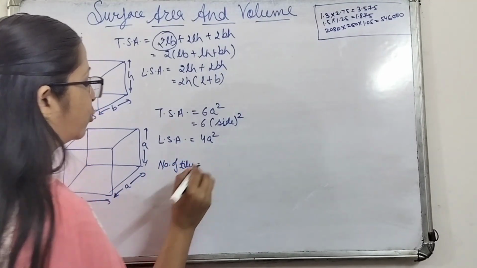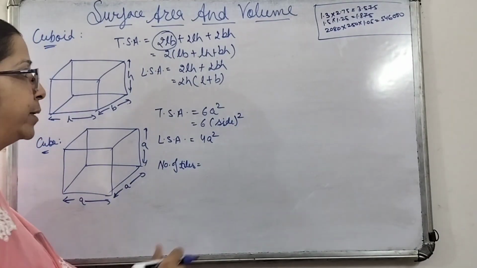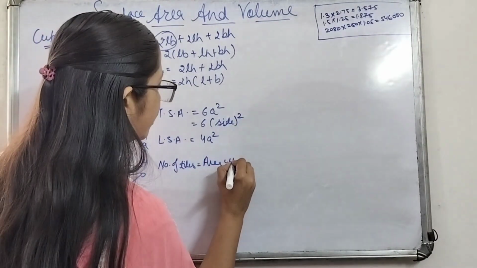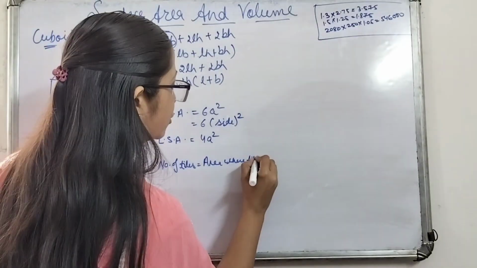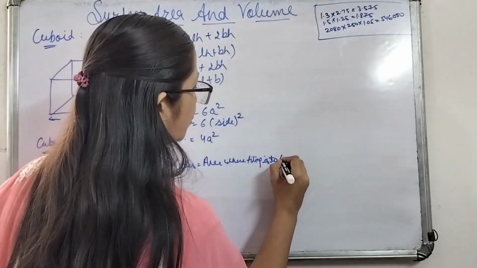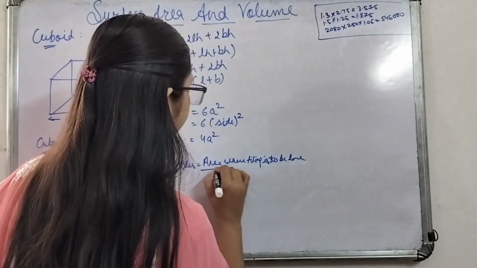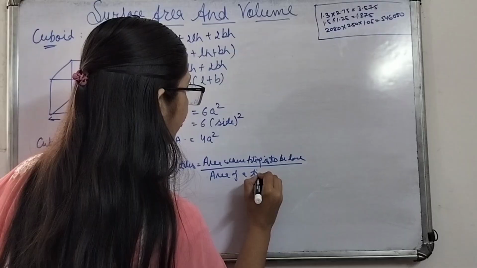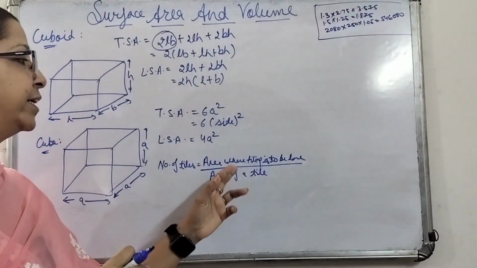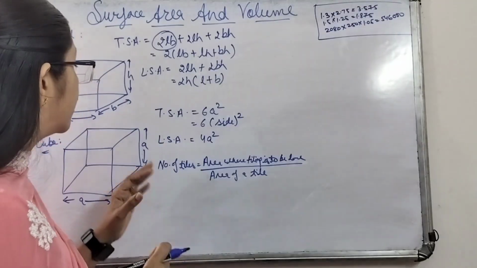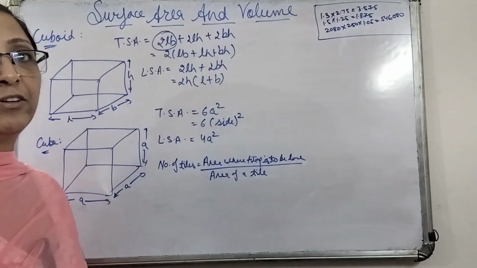The number of tiles required will be the area where tiling is to be done, divided by the area of a tile. If we divide these two, we get the number of tiles required. Right? So whatever is required, accordingly we'll consider.